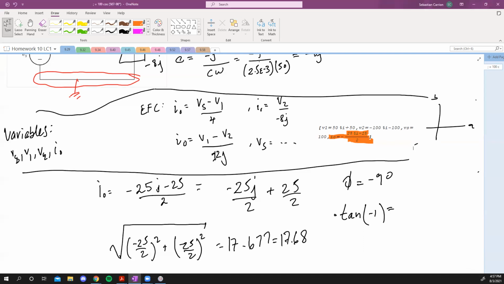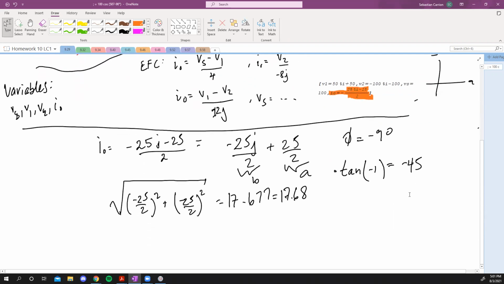Give me a second here, let me revise this. Okay, I'm back. So our A here is positive, our B here is negative. We get negative 45.